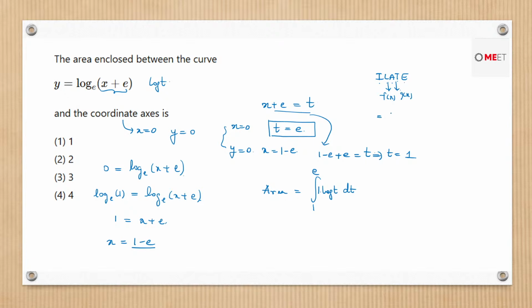The formula for by parts is f of x integral g of x minus integral f dash x integral g of x dx. So f of x is the logarithmic function, that is log t, integral 1 dt minus f dash x. f dash x is d by dt of log t, which is 1 by t, into integral g of x, which is 1, into dt.